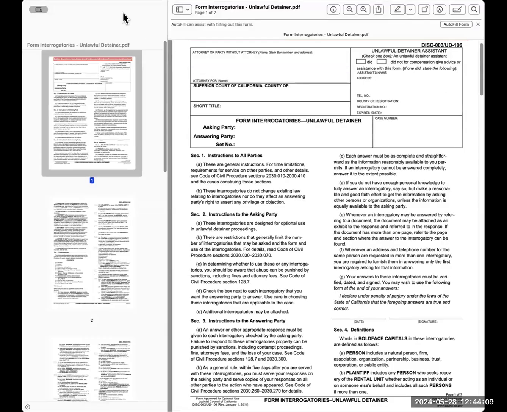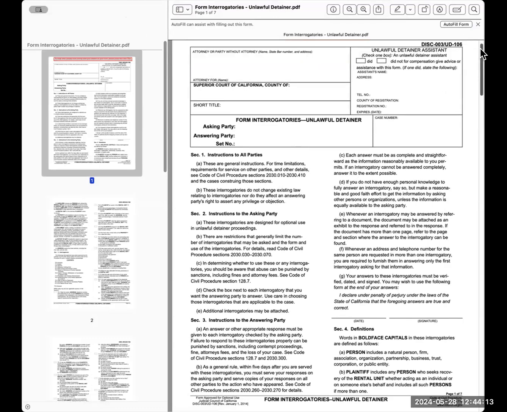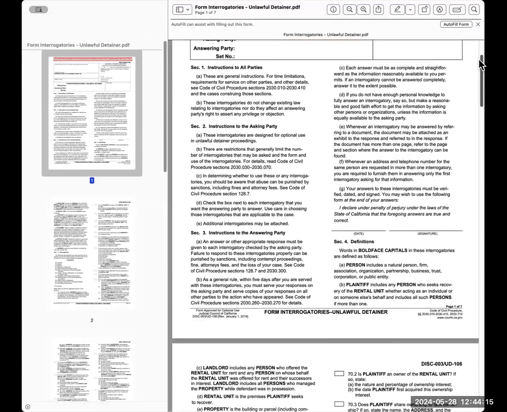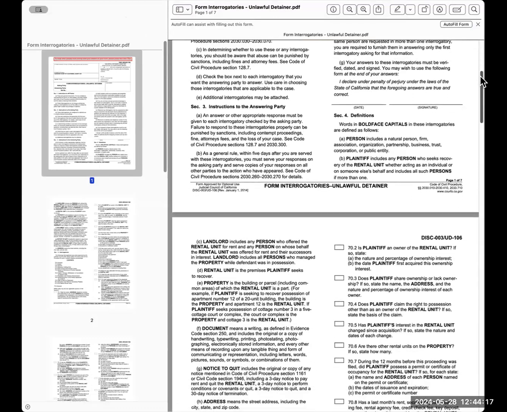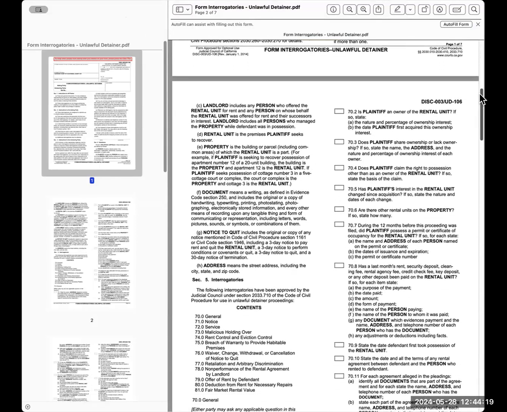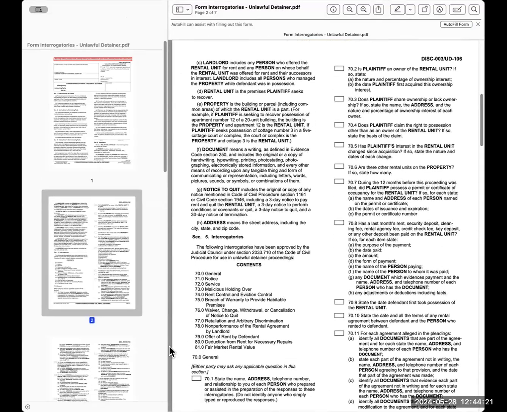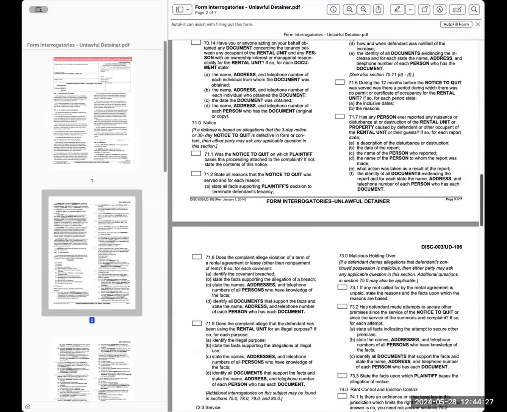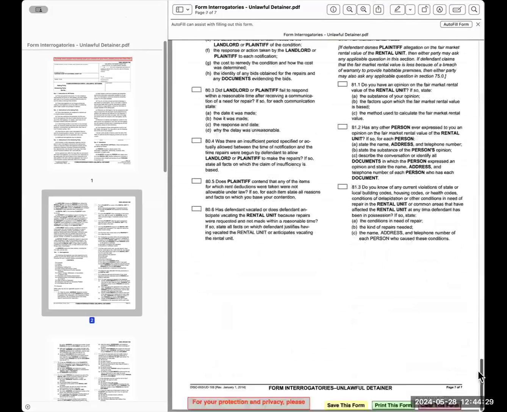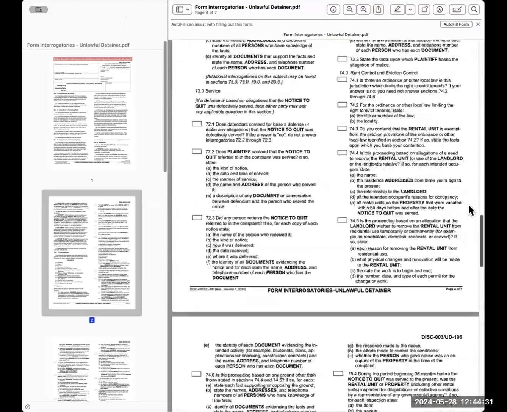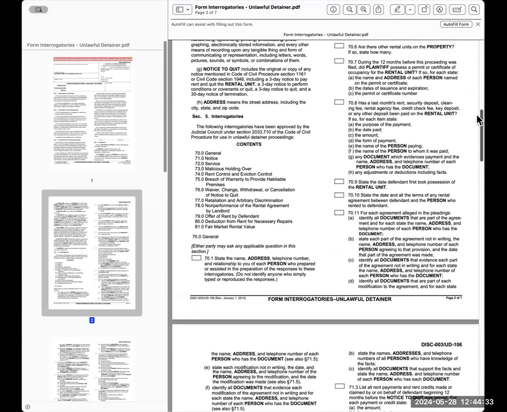Okay, this is what the form interrogatories look like. They always look like this. If they don't look like this, let us know. They should all have numbers that start at 70 and above. They go to like 80 something, 81.3, okay?